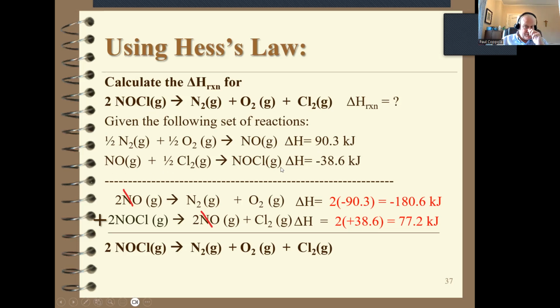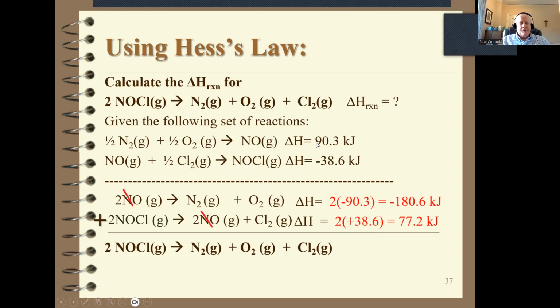Remember, enthalpy is a state function, and it's independent of the pathway. So looking at the sub-reactions, you have to say, do I need to reverse it? And if I do, remember, I change the sign of delta H.